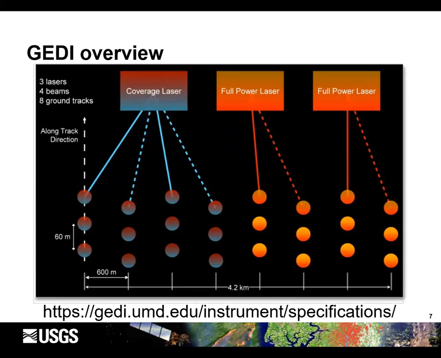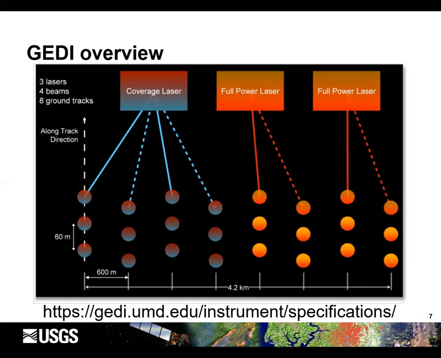Jedi, or the Global Ecosystem Dynamics Investigation, was launched December 5th, 2018, and sits on board the International Space Station. The Jedi instrument includes 3 identical near-infrared lasers. 2 are used at full power, while the other one is split into 2 beams for a total of 4 beams. Each of the beams is optically dithered across track to create a total of 8 ground tracks with between-track spacing of approximately 600 meters and a total across-track width of 4.2 kilometers.